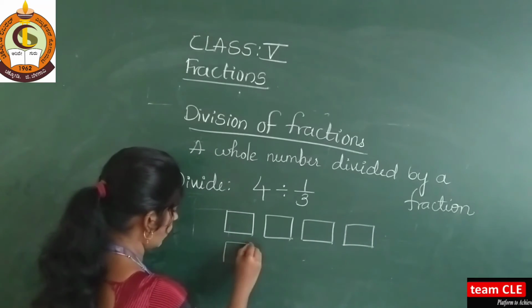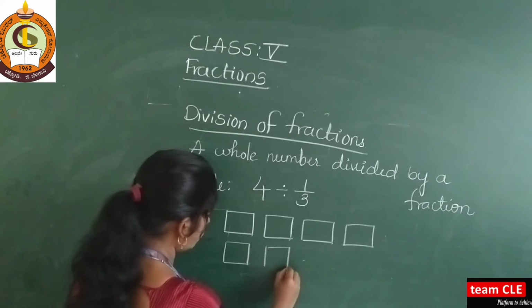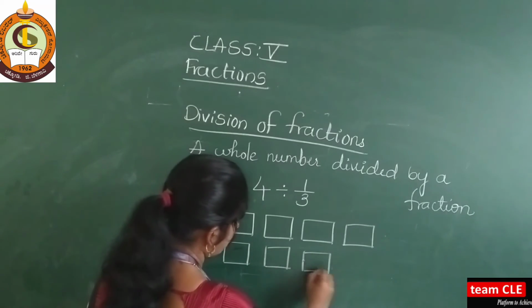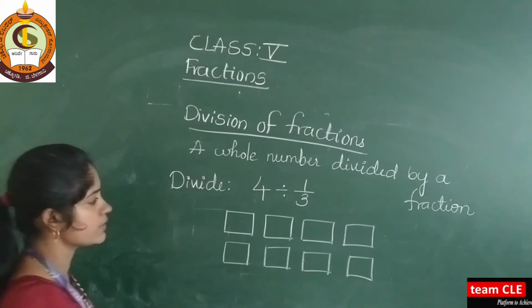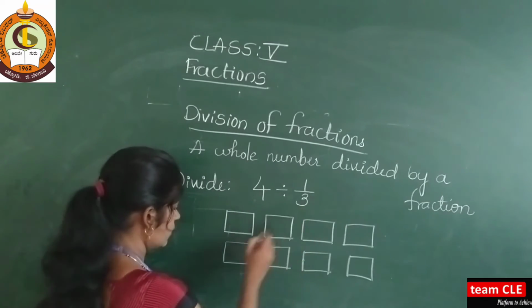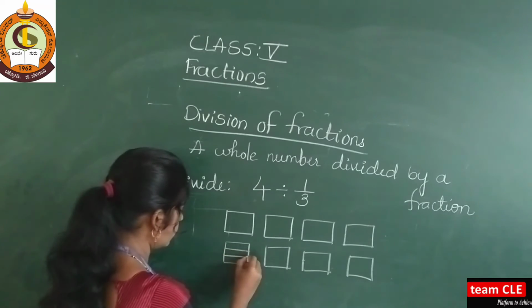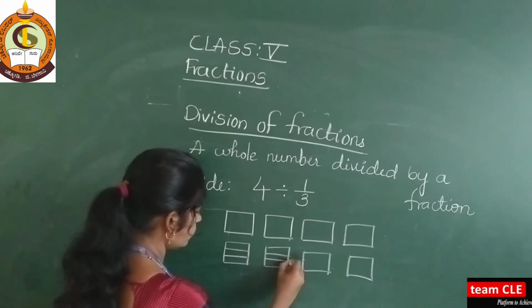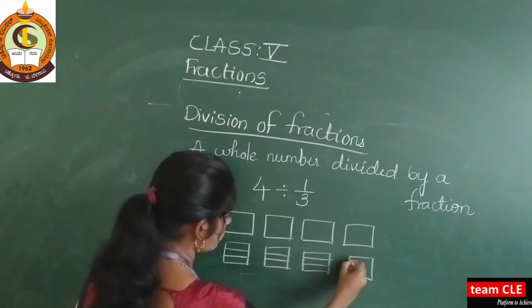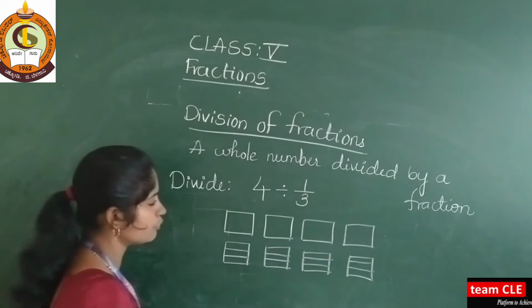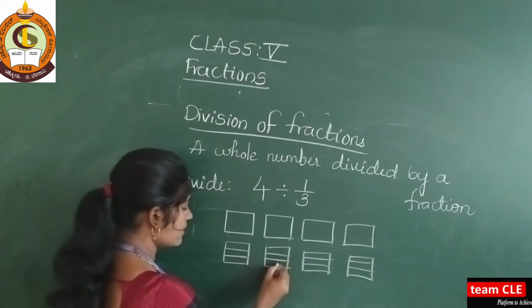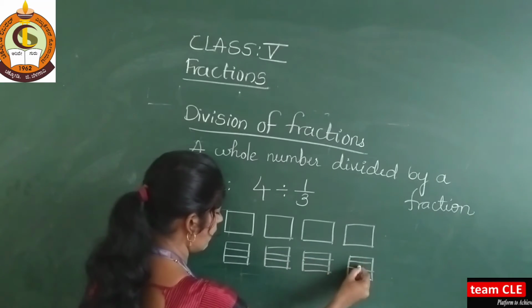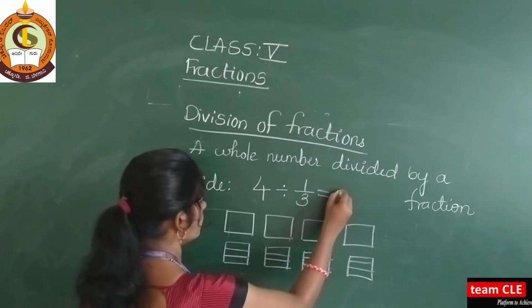And again I will draw 4: 1, 2, 3, 4. Then tell me how many parts I need to make. See what is in the denominator: 3. So I have to make 3 parts in each. Then count: 4 divided by 1 by 3 is how much? 1, 2, 3, 4, 5, 6, 7, 8, 9, 10, 11, 12. So here you have to write 12.